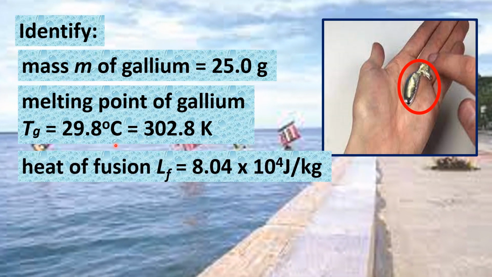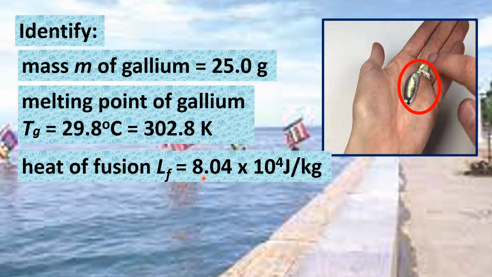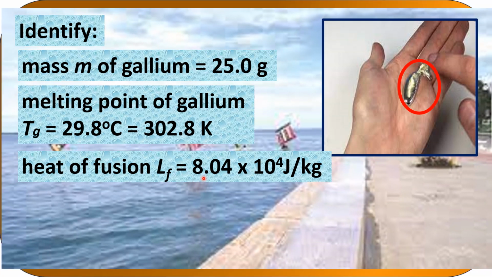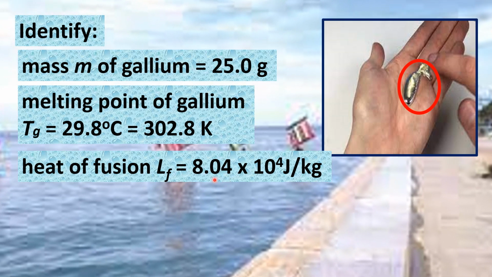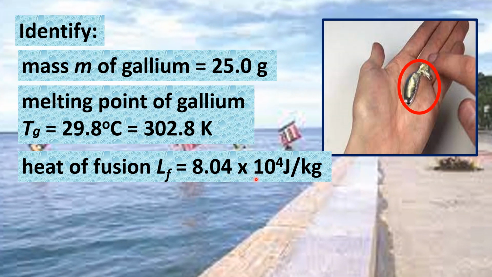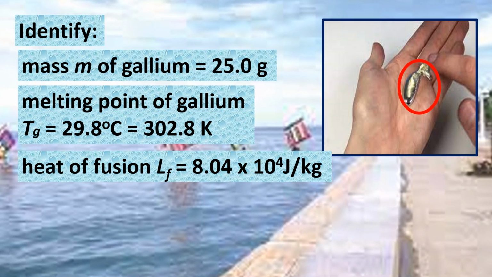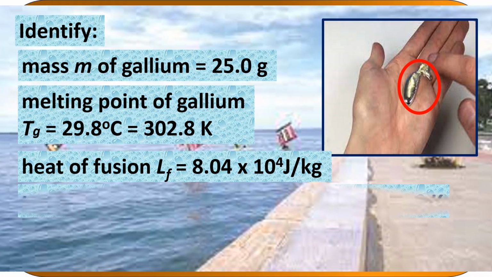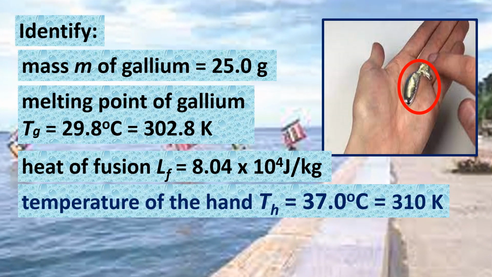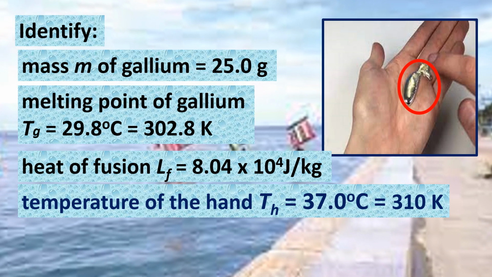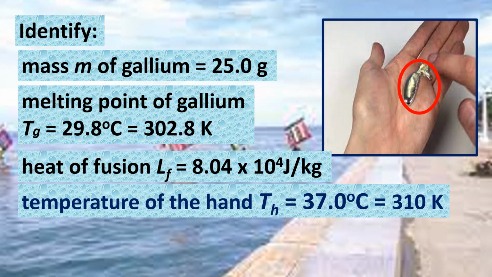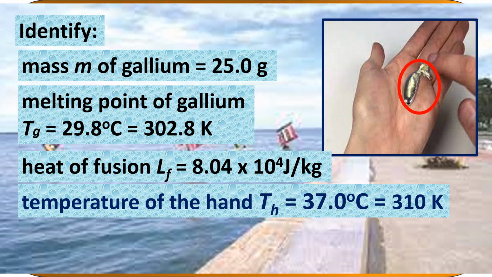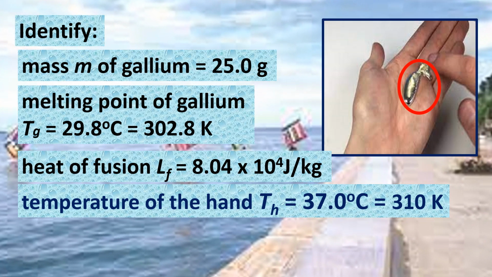We are also given the heat of fusion, capital L sub F, of the metal gallium equal to 8.04 times 10 to the fourth power joules per kilogram, and the temperature of the hand, capital T sub H, equal to 37.0 degrees Celsius or 310 Kelvin.